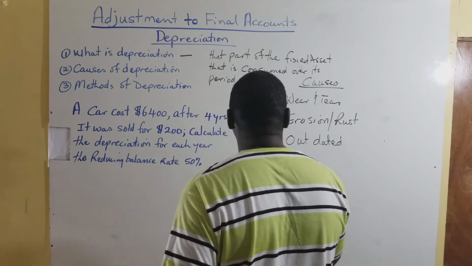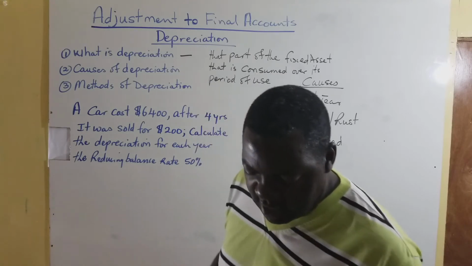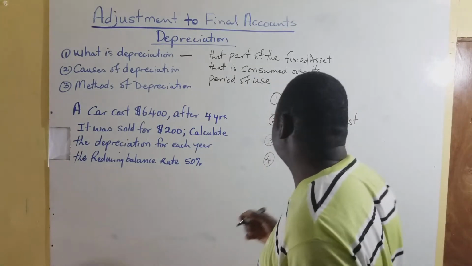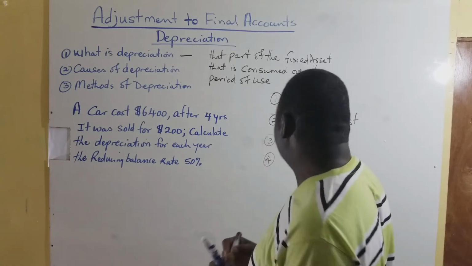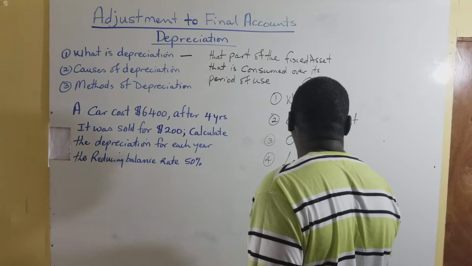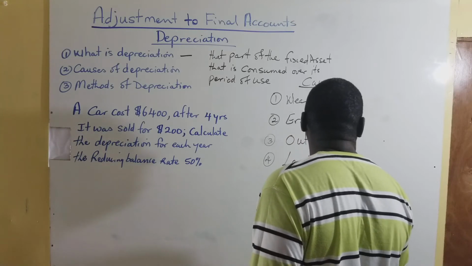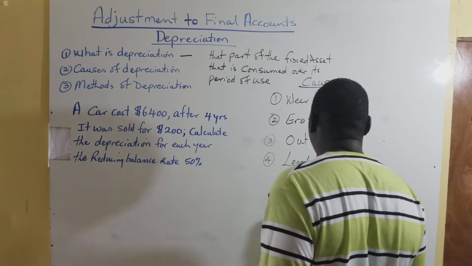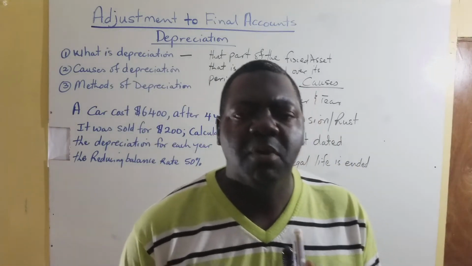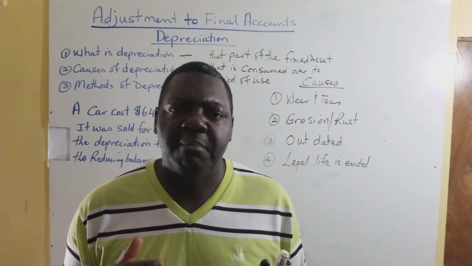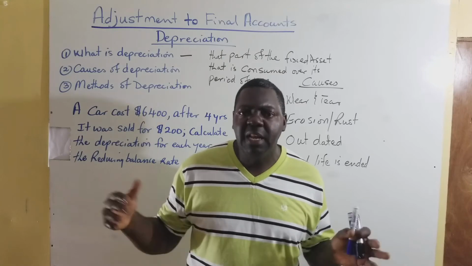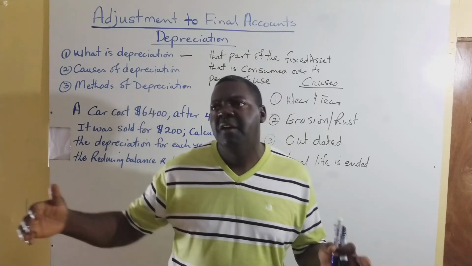Number 4 is that the asset may have a certain legal life, and the legal life is ended. And what do I mean by legal life? For example, when you take out a lease of a property, you lease it, for example, for 10 years.